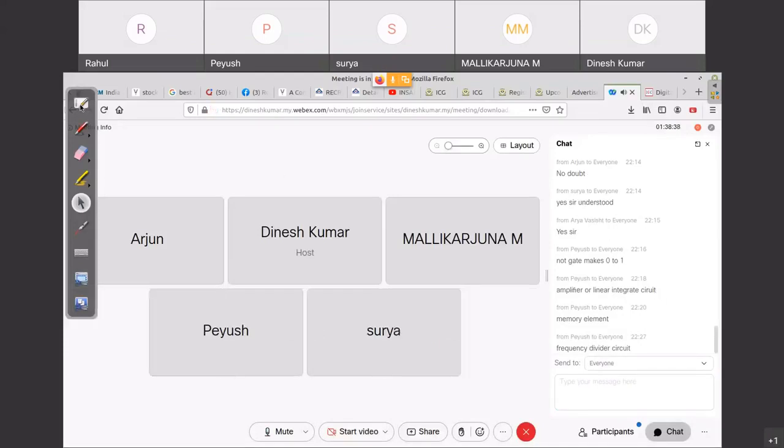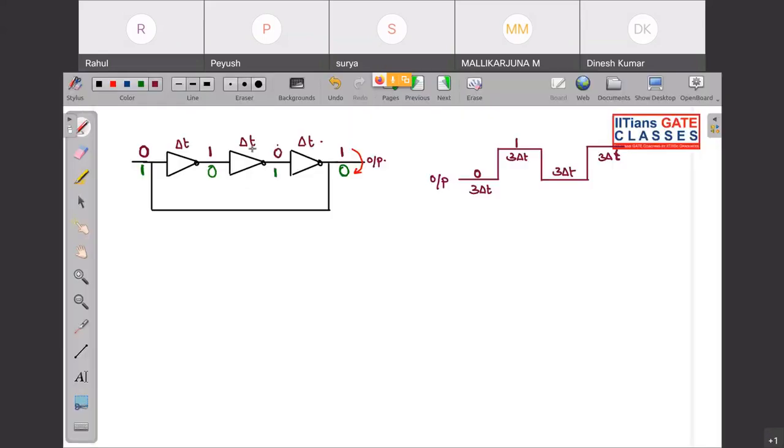But here you cannot exactly say that this is a frequency divider, because you will have a constant frequency for this circuit. The frequency will be 1 by time period.